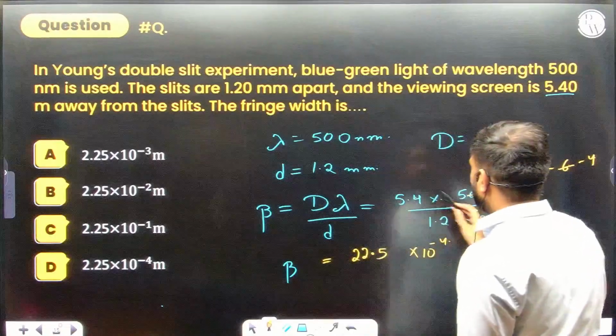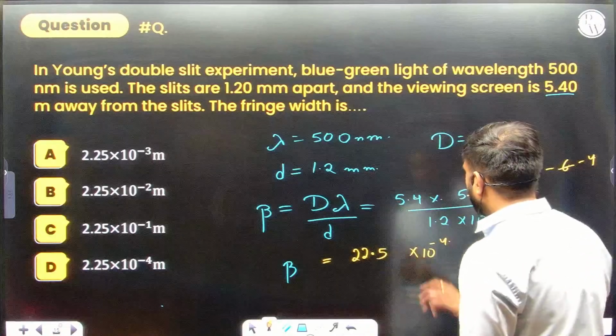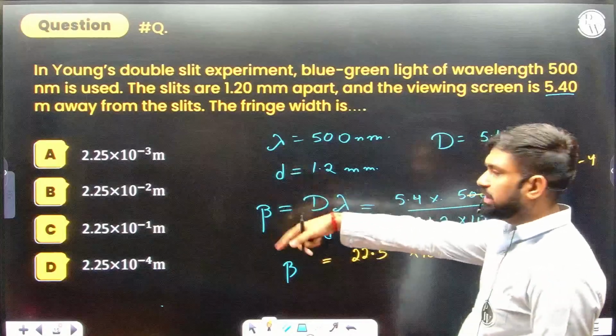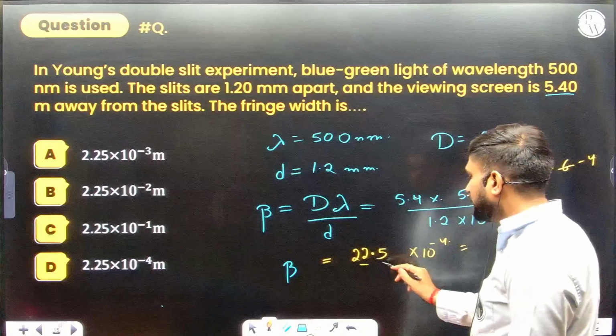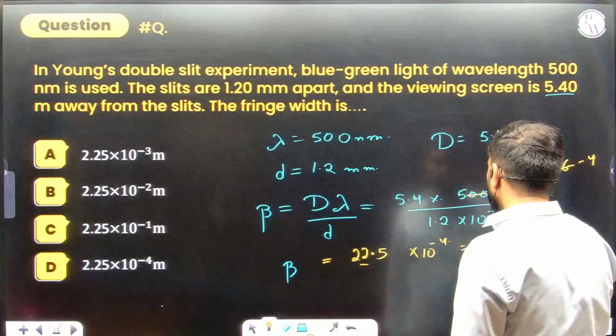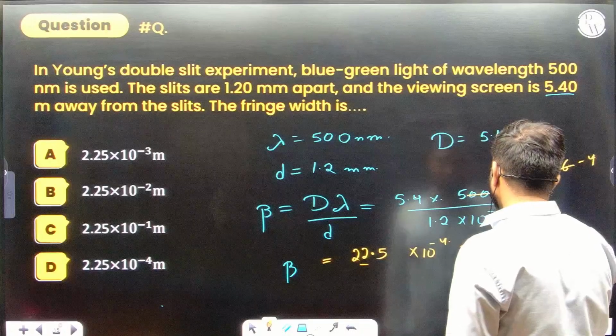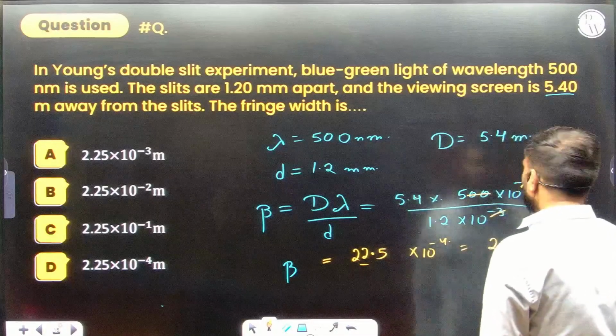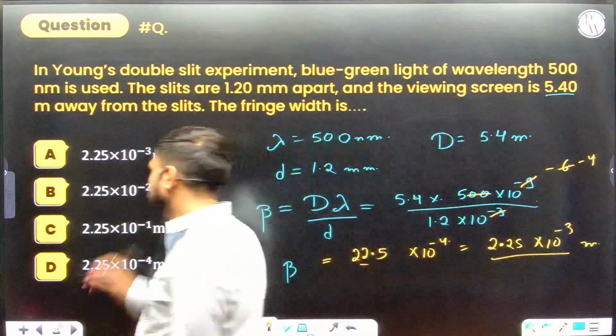Okay, 5.4 into 5 upon 1.2 will be 22.5, and if it is minus 4, I can see that none of the options is 22.5, so I need to shift one decimal place. So it will be 2.25 into 10 to the power minus 3. So that will be your answer in meters, which is the first option itself.